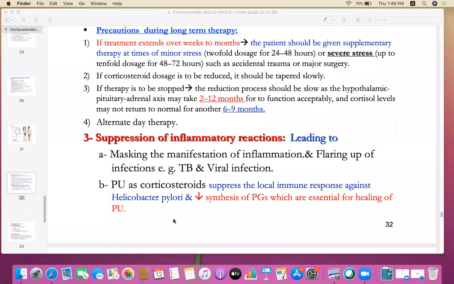Inflammation is the sign of infection. With no inflammation, the patient will not realize it, and masking of inflammation occurs, generally with tuberculosis, viral infection, and peptic ulcer.